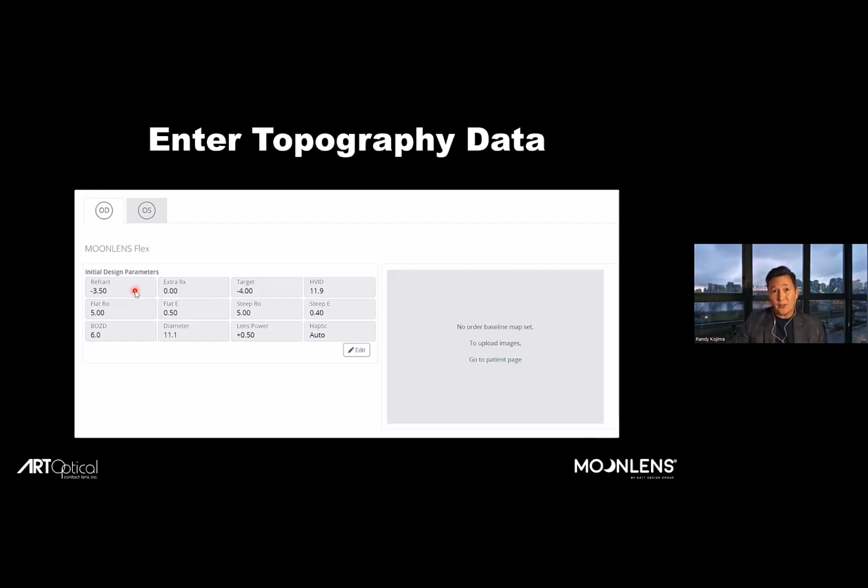In my daughter's case, I get her to +0.50 in the AM after full effect, and it might be days before it wears off enough that she needs to put it back in. So by overshooting, it's helpful for both AM to PM regression to basically hold the stability of vision all day long, but also it's helpful for patients that might have the opportunity to go to a reduced wear schedule.